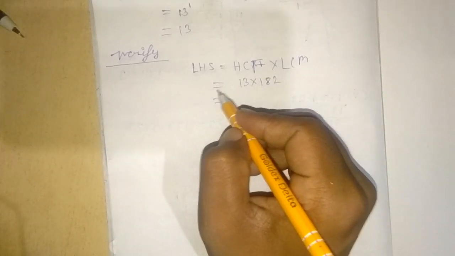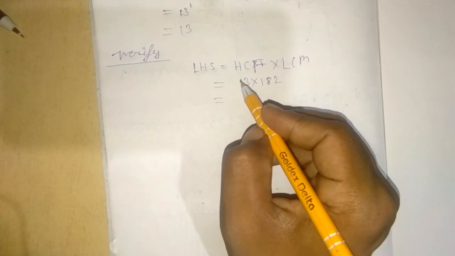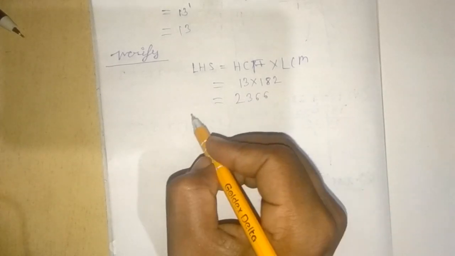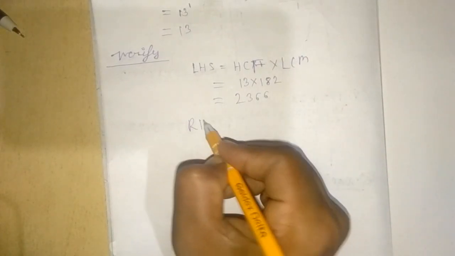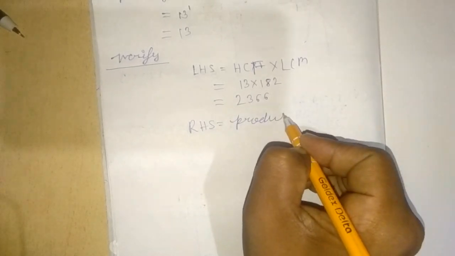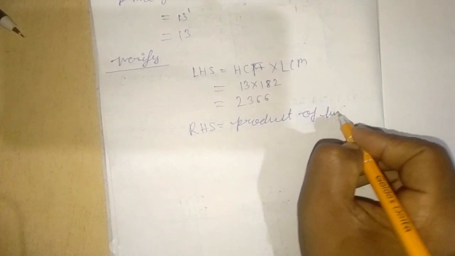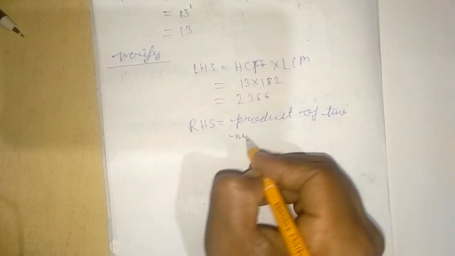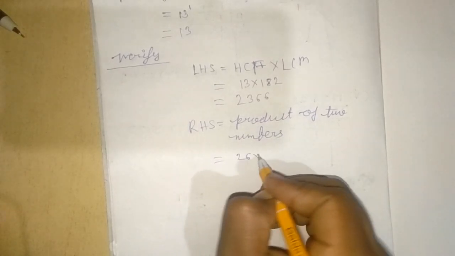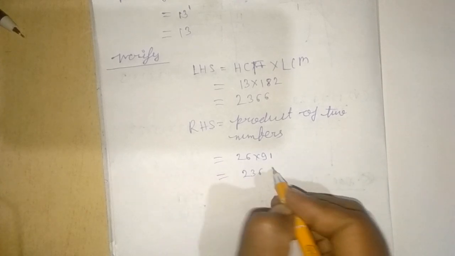When we multiply these two numbers, we will get 2366. Okay. And RHS, right hand side, product of two numbers equals 26 into 91. Then also we get 2366.